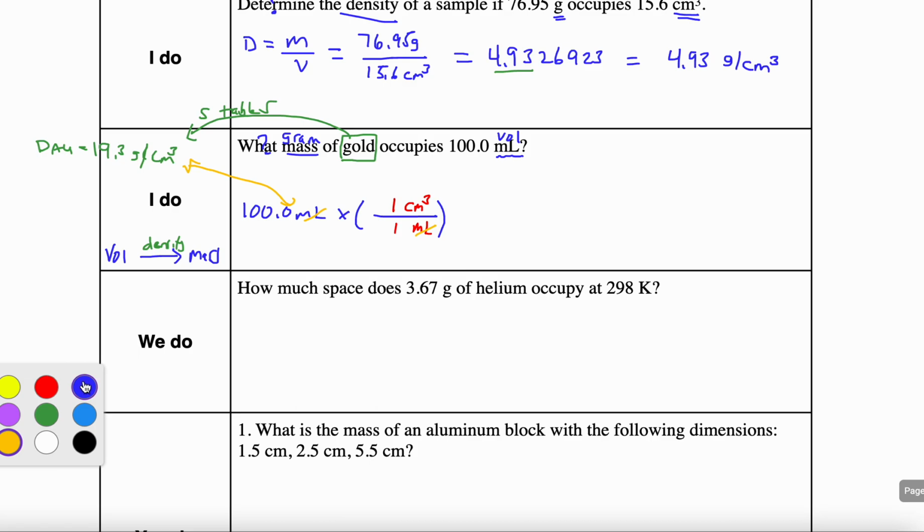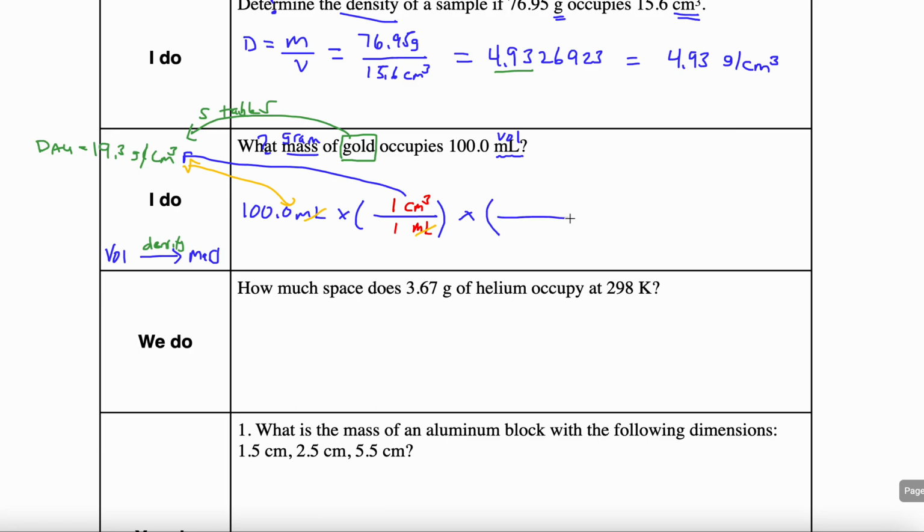Right now I'm in centimeters cubed, and I see that unit in the density value. So now I can easily go from centimeters cubed to grams and reduce out the centimeters cubed. Now listen to how we say this. It's 19.3 grams per centimeters cubed.